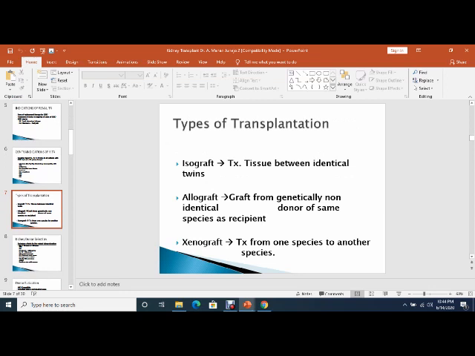Regarding the types of transplantation, there is some terminology which is used. Isograft: transplanted tissue between identical twins is called an isograft.